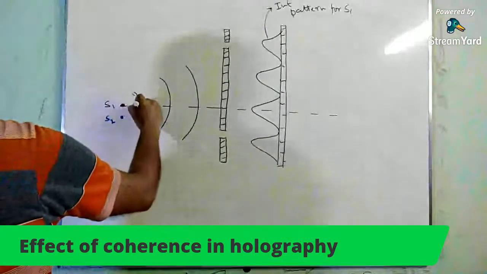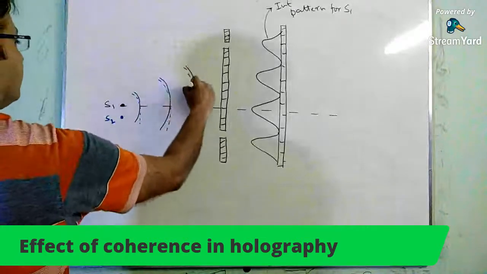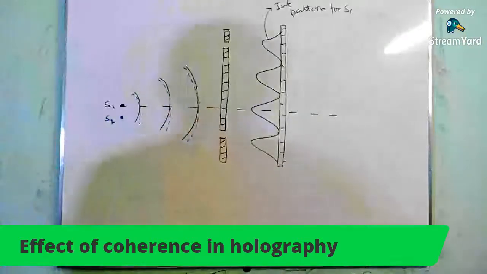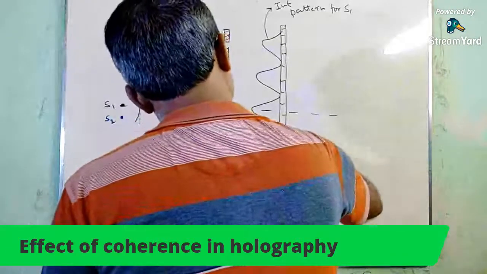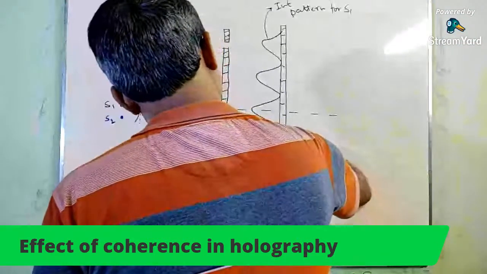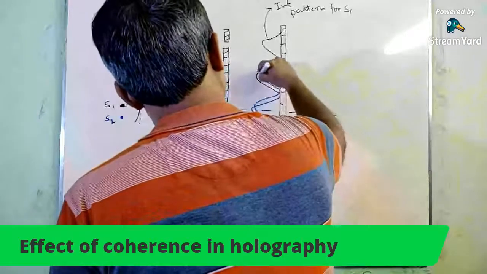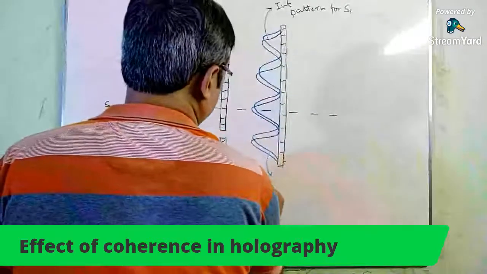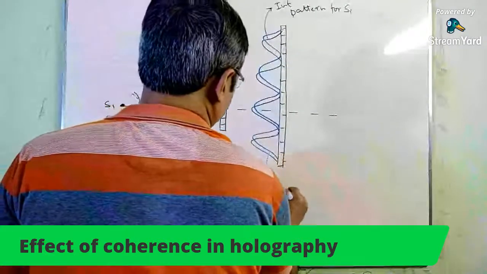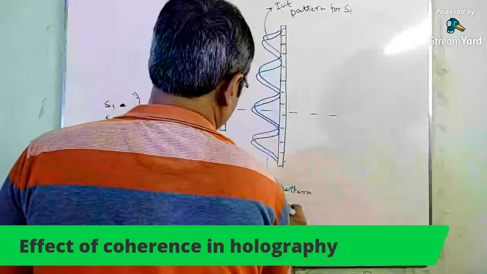So this is the wavefront of S2, that is what I have shown in the blue color. This is the interference pattern for the source S2.